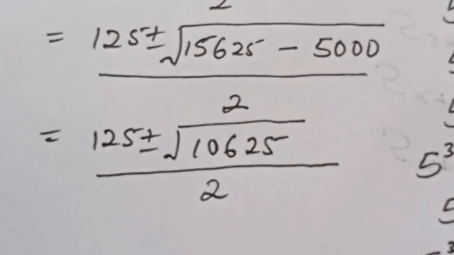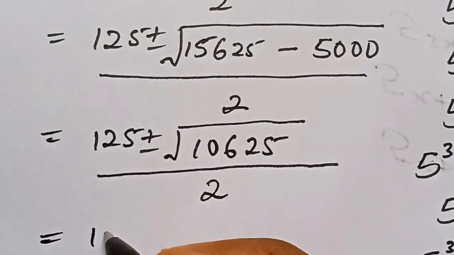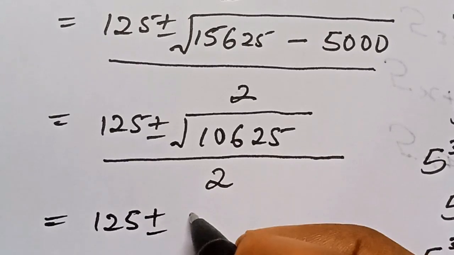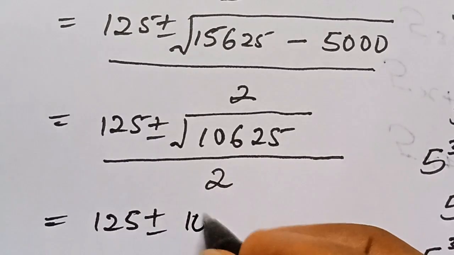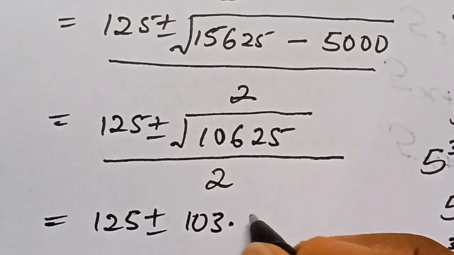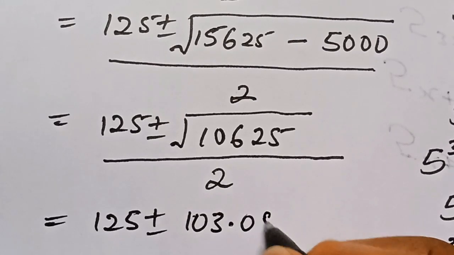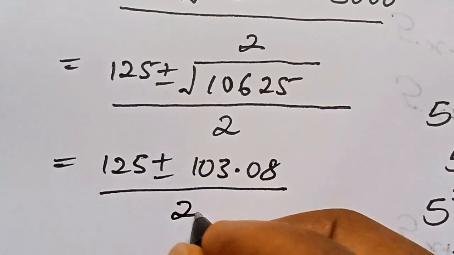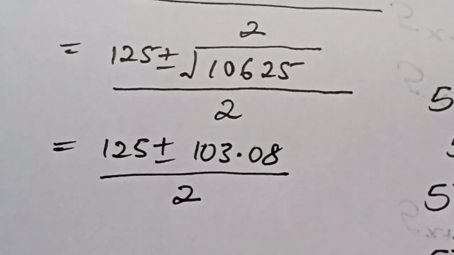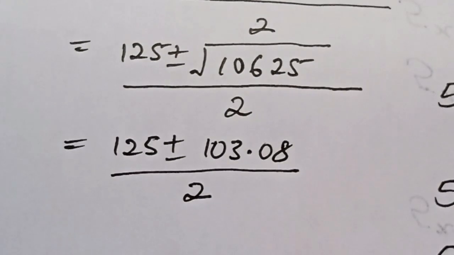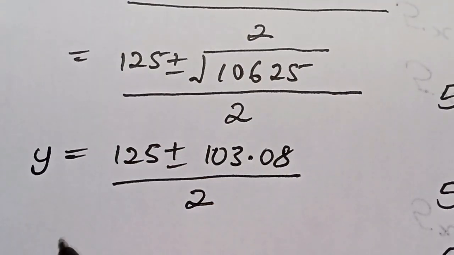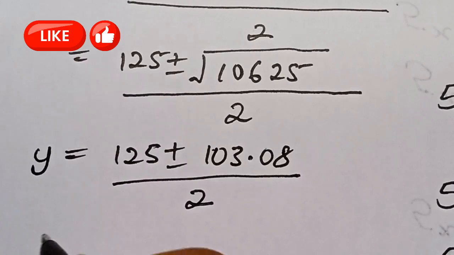Okay, from here we can use our calculator to get the square root of this, and we have 125 plus or minus 103.08, all over 2. So from here, we can now express the value of y in two ways.